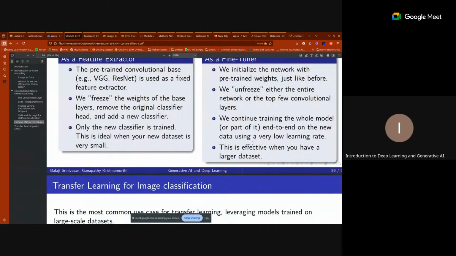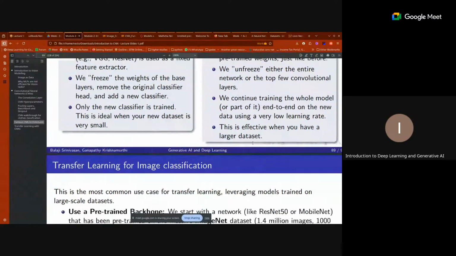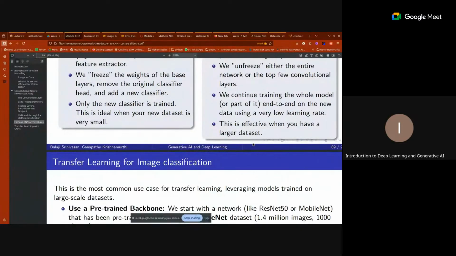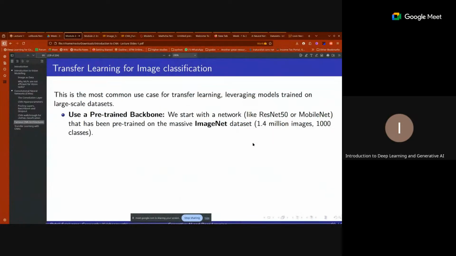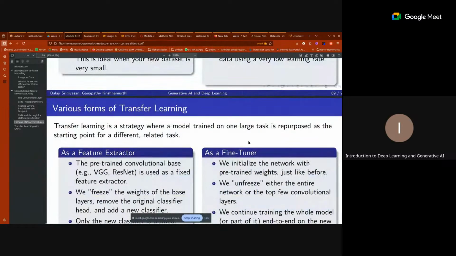You can fix some of the weights and not fix others. That depends upon how you want to train. So the initialization will be based on the pre-trained weights, not random initialization. Start from the pre-trained weights, and that is the idea of fine tuning.